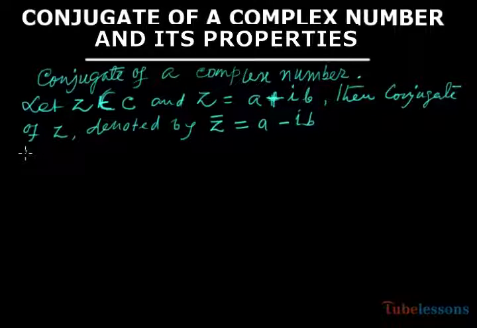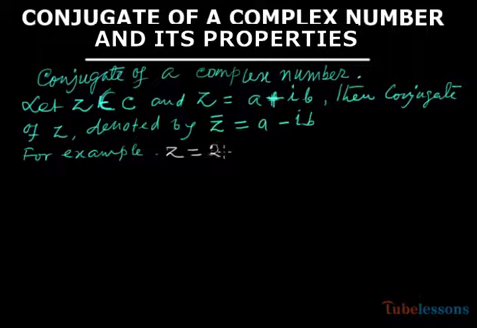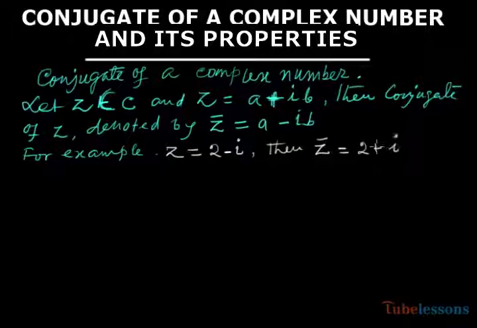For example, let Z equal 2 minus i, then Z bar equals 2 plus i. And why is it a conjugate?